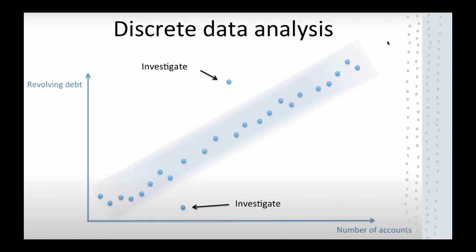For example, in this case, the more accounts you have, the more revolving debt you will have. And if you have data points way above or way below what is accepted behavior, then we can investigate those data points.